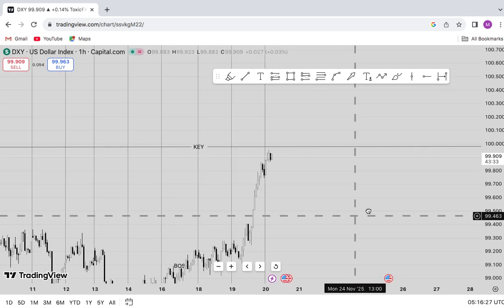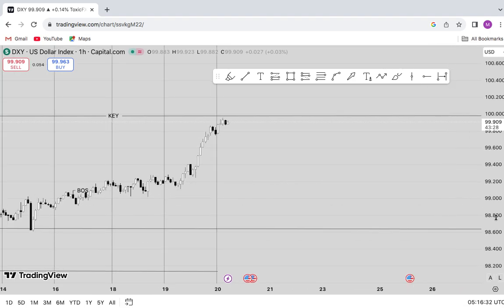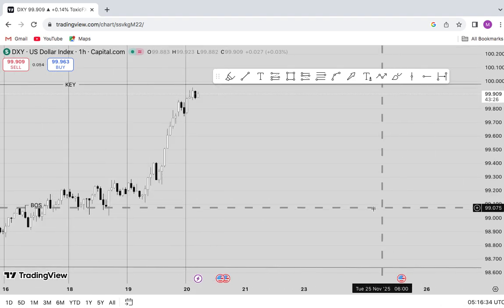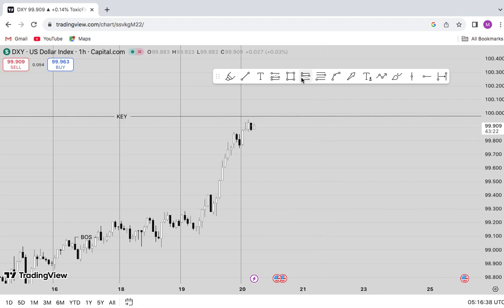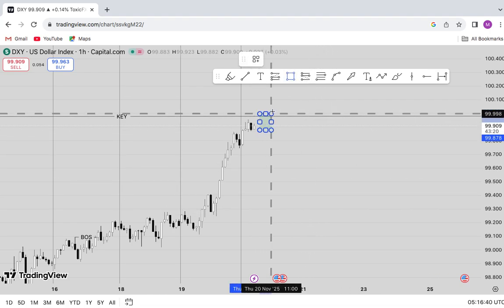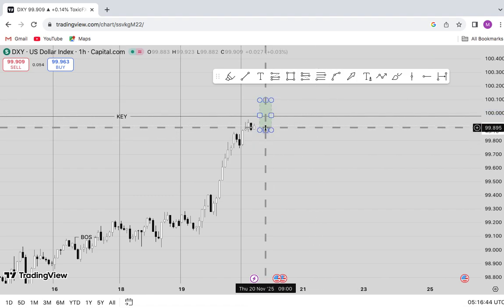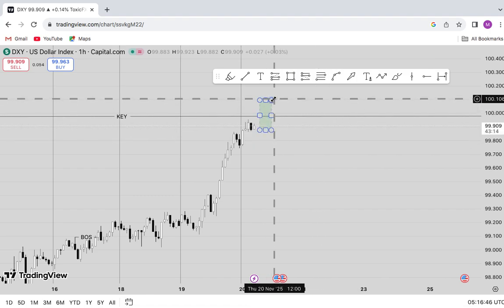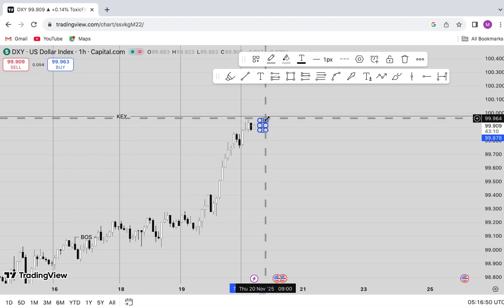So what I'm expecting to see now is price giving me either of two things: either price closing above with a candlestick body so that I will continue buying, or price giving me a rejection at that key level, so I will continue selling.